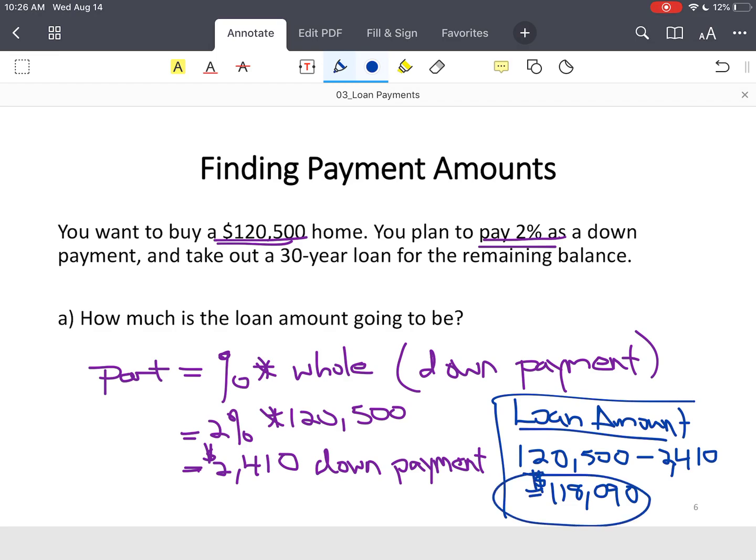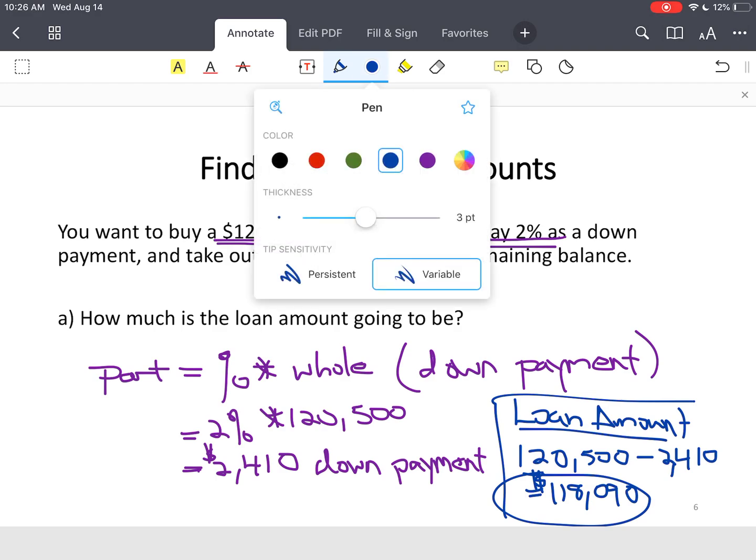All right. So now we're going to use that for the next 3 questions. So we've got our down payment, we've got our loan amount.